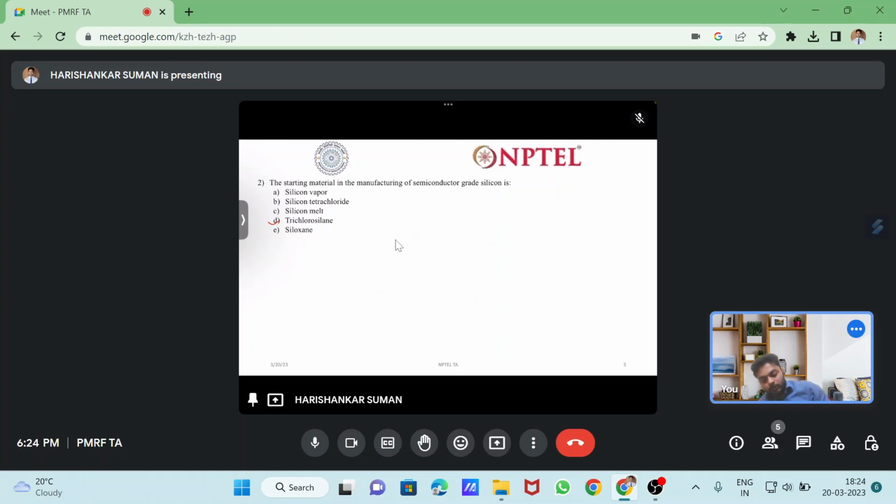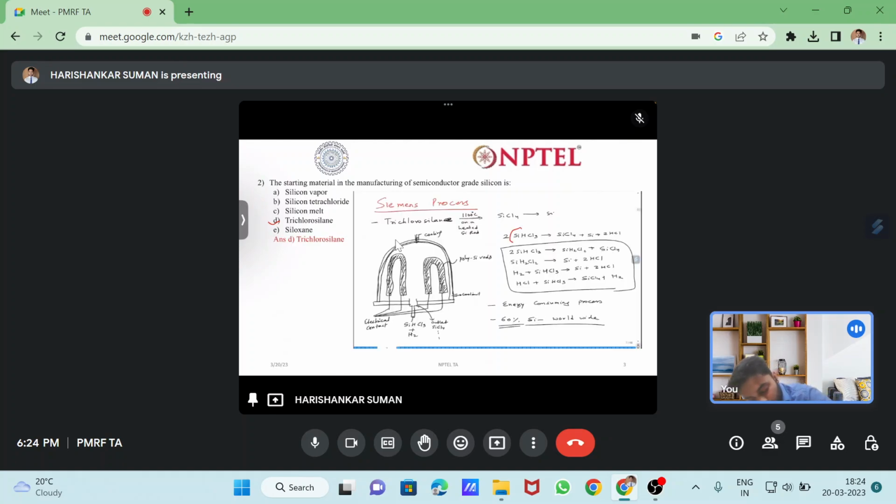So this is the Siemens process. In the Siemens process, the starting material is trichlorosilane.